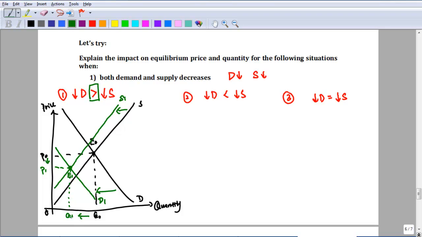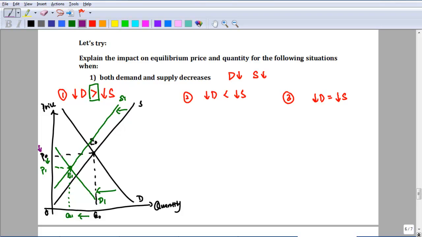But what causes the equilibrium price to drop from P0 to P1? So we need to know how to explain the adjustment process. Let's take a look at this price. At this original market equilibrium price of P0, find out what the quantity demanded and the quantity supplied are. Quantity demanded must always be a point on the demand curve at that particular price, which is in this case P0.